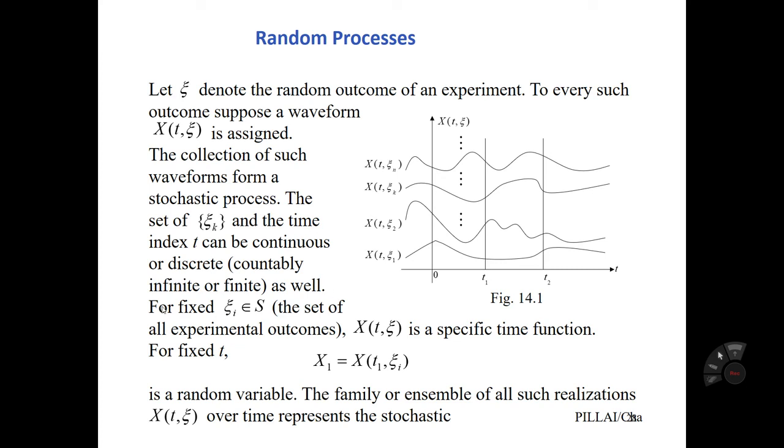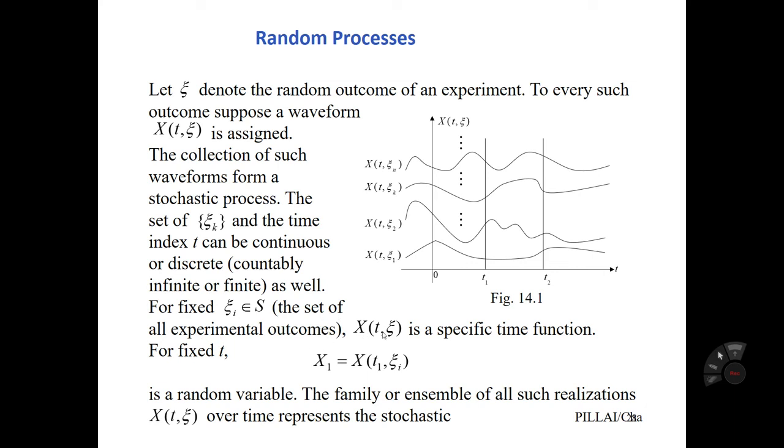For fixed, this will belong to the subset, or maybe what we talk about overall is the space, the vector space, and this ith measurement belongs to the set S of all experimental outcomes.